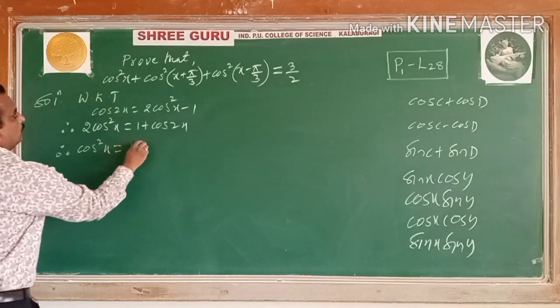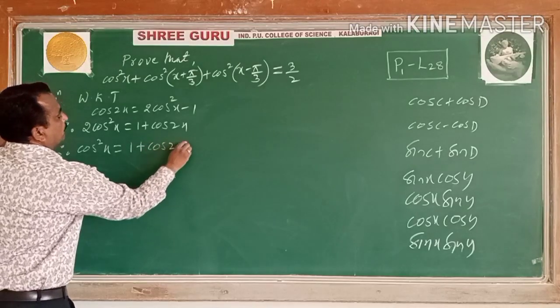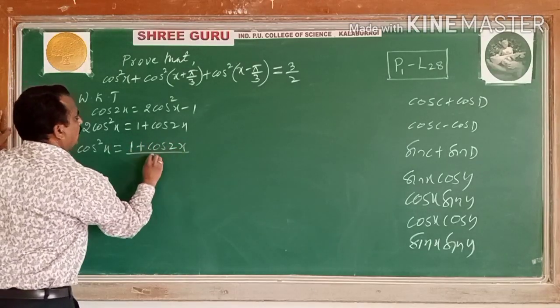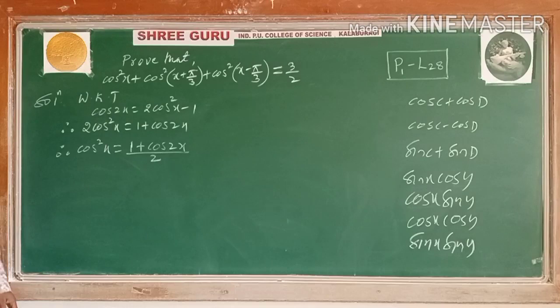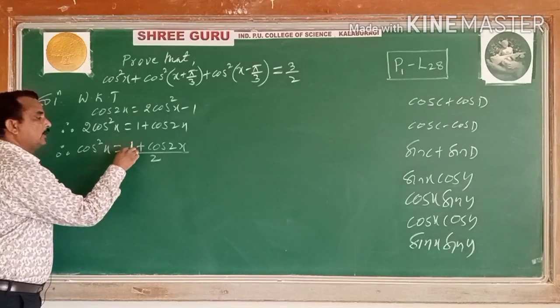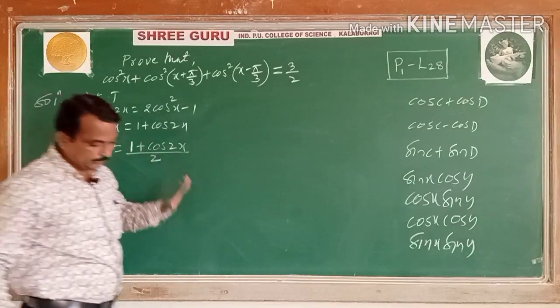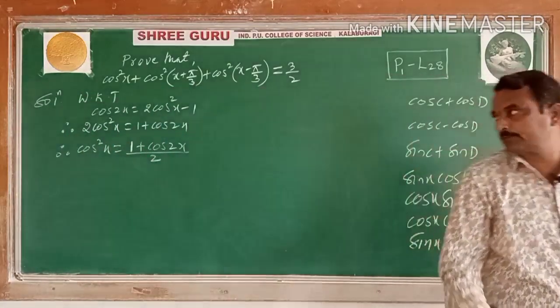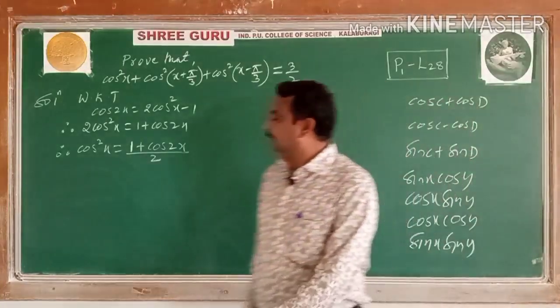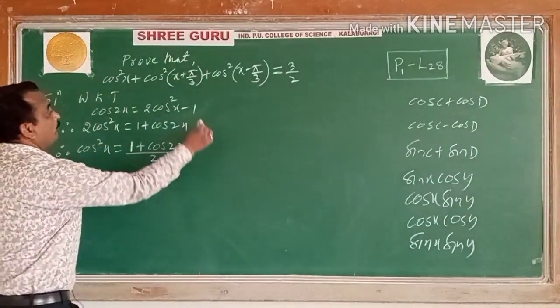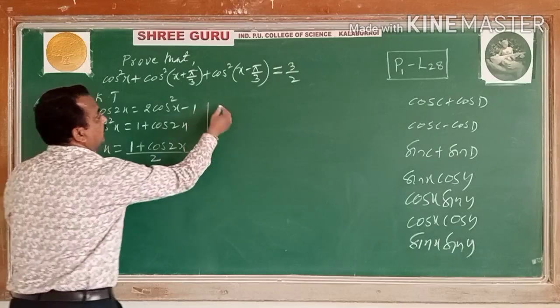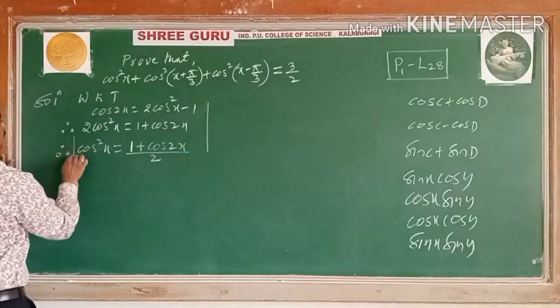Cos square x is equal to 1 plus cos 2x by 2. Is it clear to all of you students here? Similarly, I will reduce the same formula for sin square x. What should you remember? Do you remember this formula?